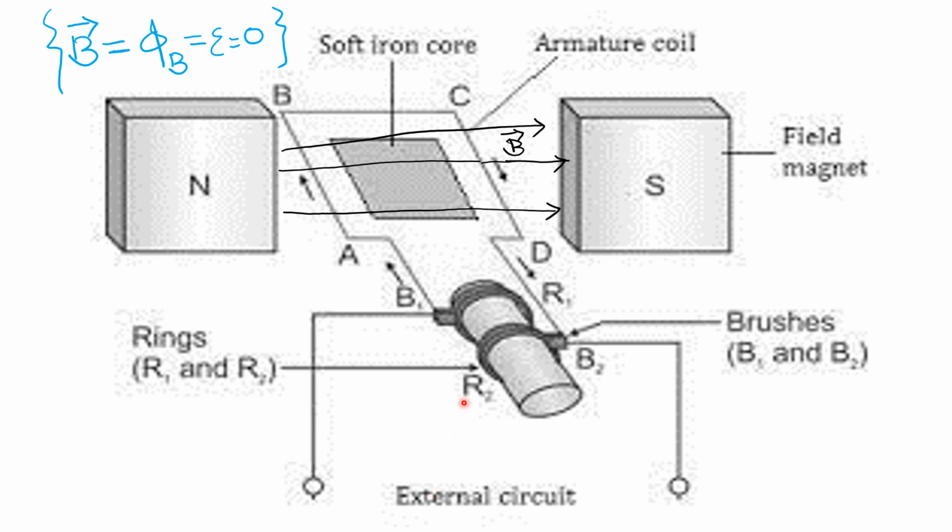So now let us discuss how an alternating current is produced in this AC generator. Initially, the armature is rotated either clockwise or anti-clockwise. Suppose that the armature is rotated in the anti-clockwise direction. Whenever this armature is rotated, there is a change in flux.